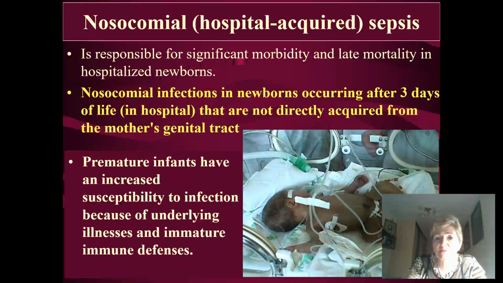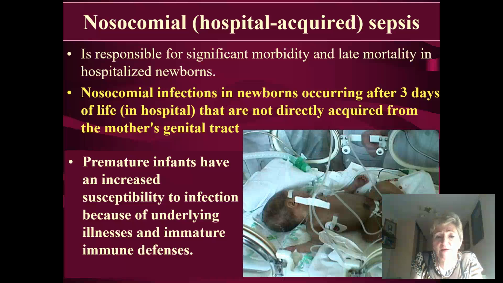Nosocomial or hospital-acquired sepsis is responsible for significant morbidity and late mortality in hospitalized newborns. Nosocomial infection in a newborn occurs after 3 days of life in hospital, very important, in hospital, that is not directly acquired from the mother's genital tract.